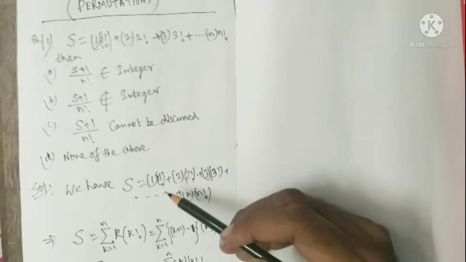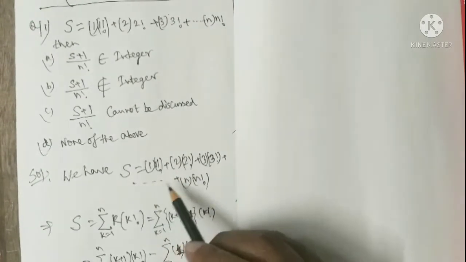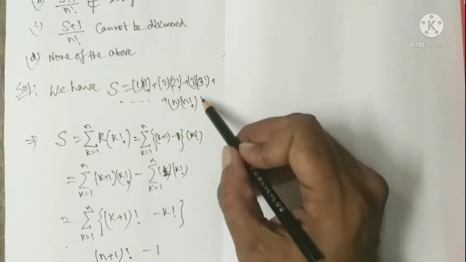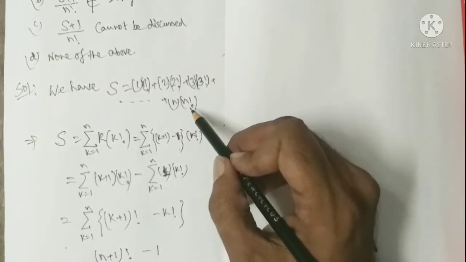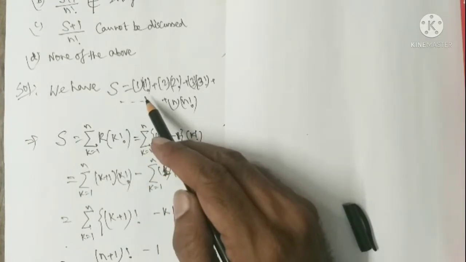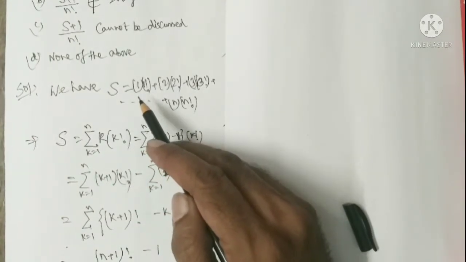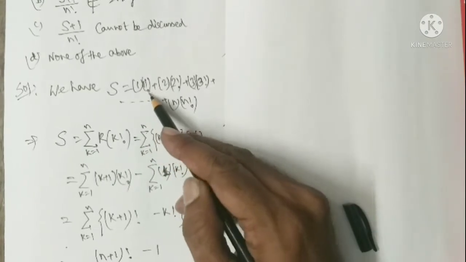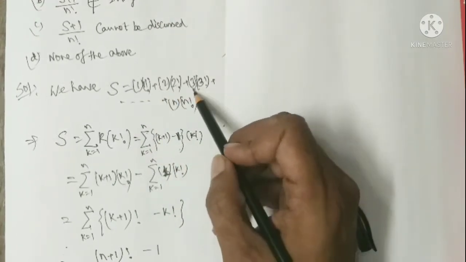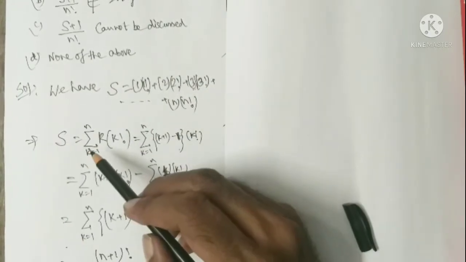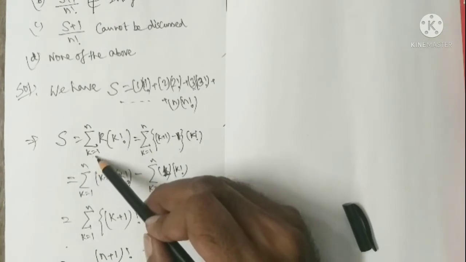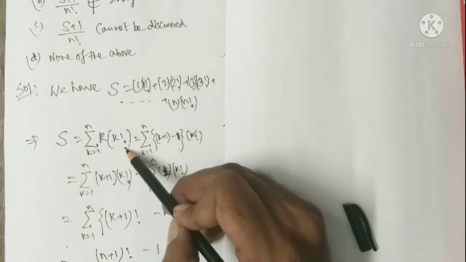Now the starting is this: S equals the whole series 1 into 1 factorial plus 2 into 2 factorial plus 3 into 3 factorial plus dot dot dot n into n factorial. This is of the k into k factorial form, because if k is 1 then 1 into 1 factorial, if k is 2 then 2 into 2 factorial, if k is 3 then 3 into 3 factorial, and in this way we can generalize the term: S equals summation k from 1 to n of k into k factorial.